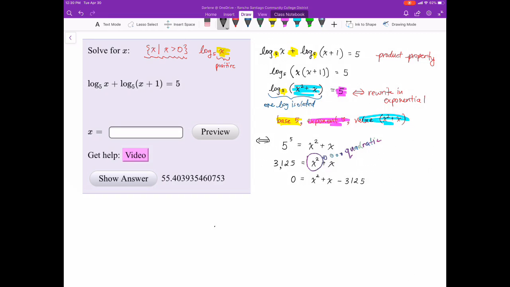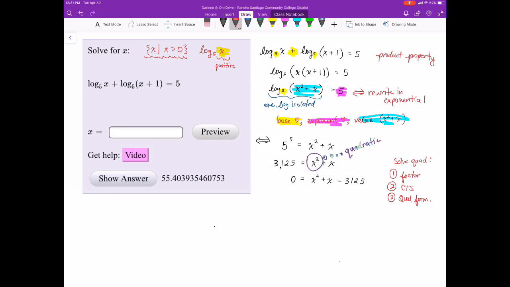So there are 3 methods to solve quadratics. The first one we learned way back in the day was factoring, and we love when we can factor, but in this case we cannot factor. The other one is completing the square, which we use if we want to, but really, when all else fails, use the quadratic formula.